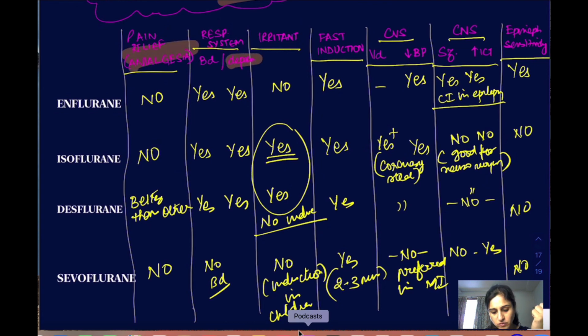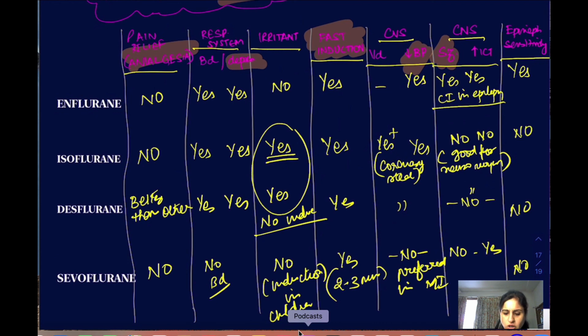All of them will almost cause respiratory depression. They are fast inducers. And all of them cause a decrease in the BP, except for sevoflurane. Seizure-causing tendency is seen only with enflurane. So if you remember the exceptions, it becomes pretty easy.